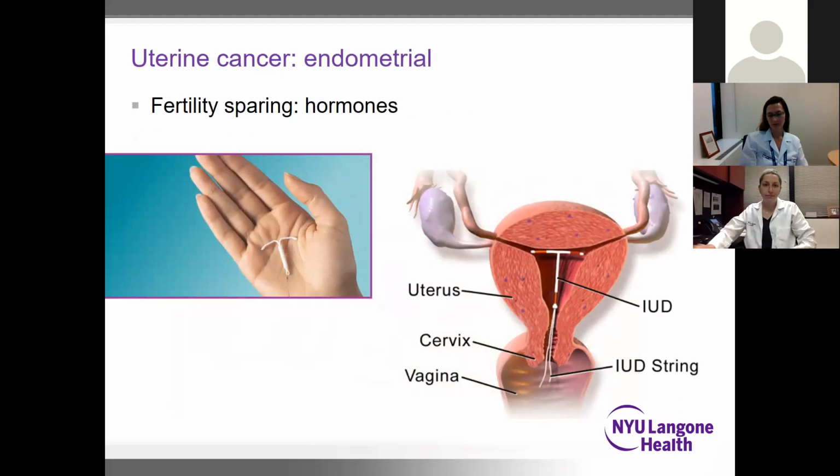So in terms of endometrial cancer treatment, for women who want fertility sparing treatment, so they're younger, haven't yet had kids, for certain subtypes, not all endometrial cancers are eligible for this, but for the most common subtypes, we can sometimes treat these with hormones.